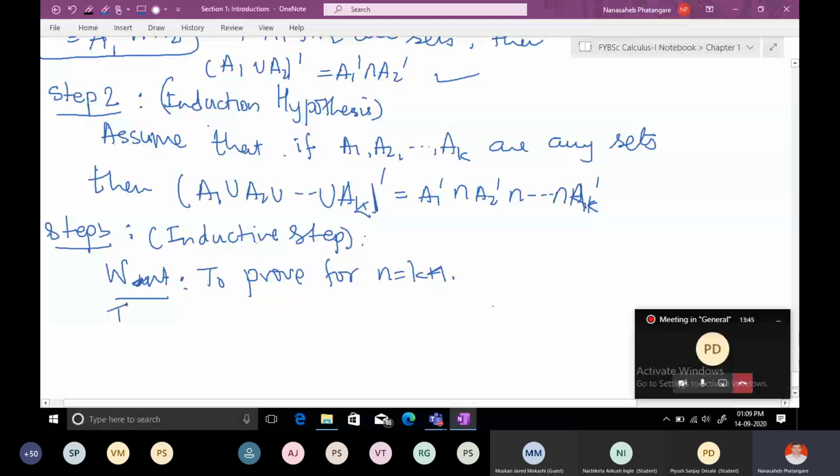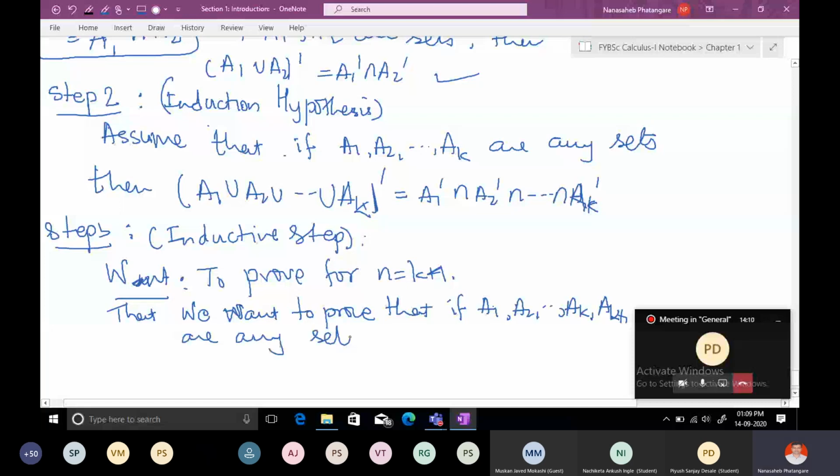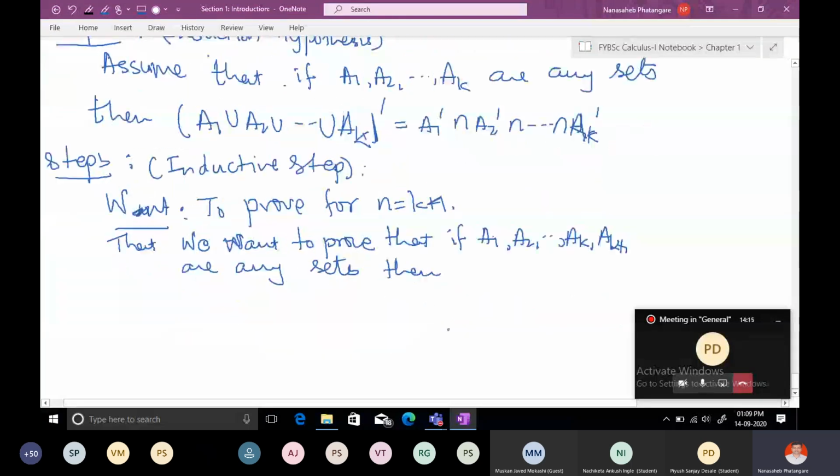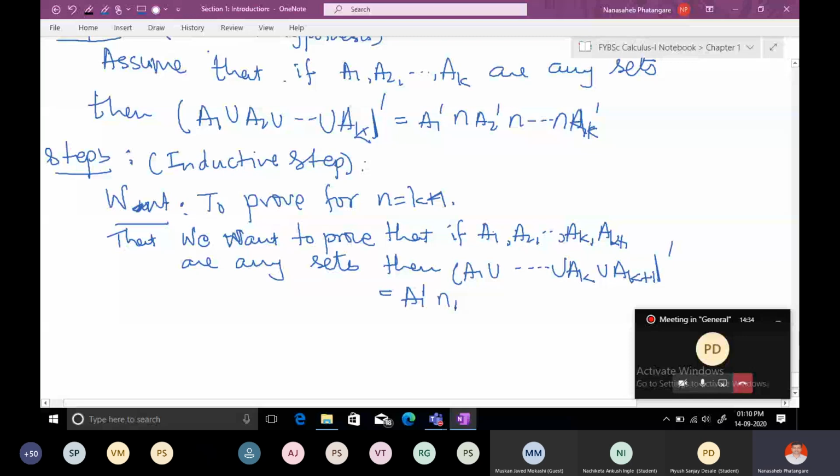That is what we want to prove: that if a1, a2, ak plus 1 are any sets, then, so this is what we want, we have not started its proof, a1 union up to ak and ak plus 1, the complement of this whole union, we want to prove it is a1 complement intersection a2 complement and so on, intersection ak plus 1 complement.